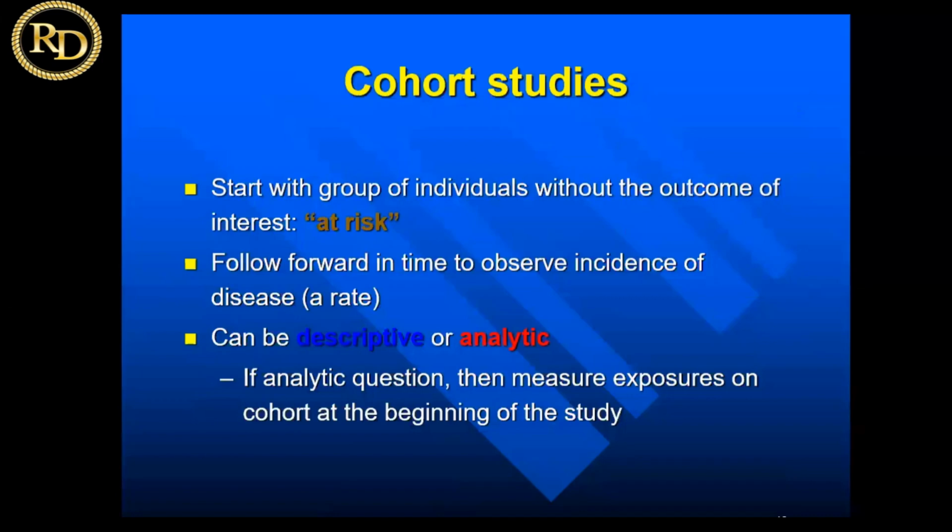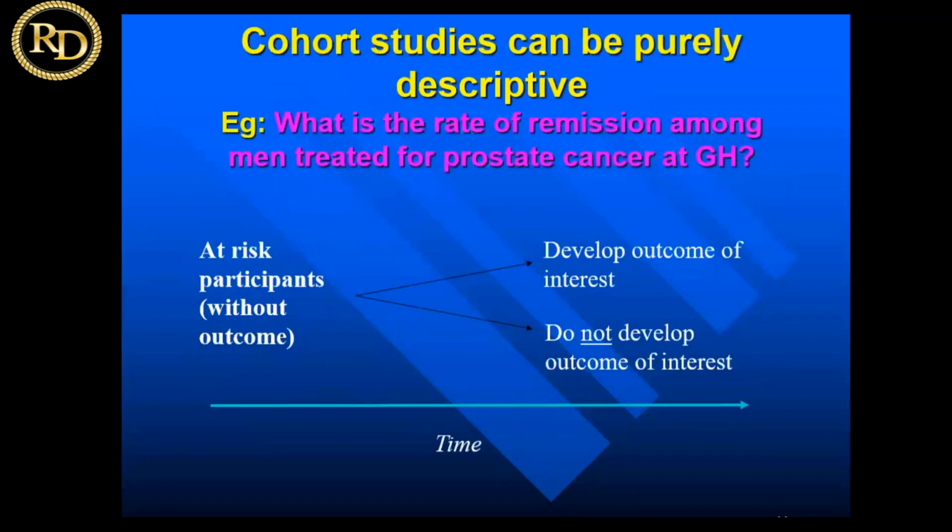This is another subdivision of cohort study, called descriptive or analytical cohort study. If it is an analytical question, then measure the exposures on the cohort at the beginning of the study. Cohort studies can also be purely descriptive.